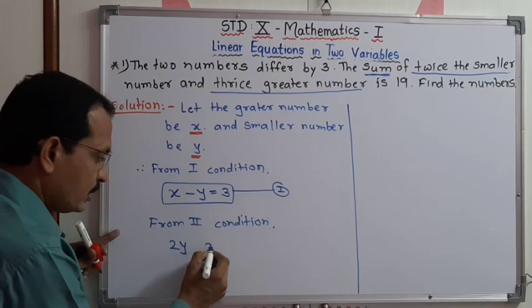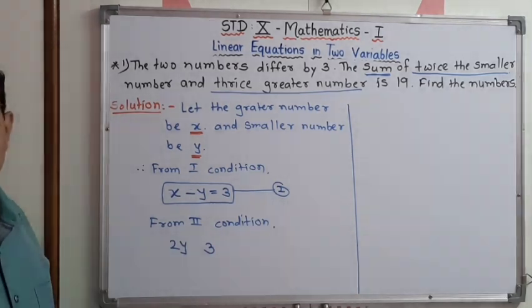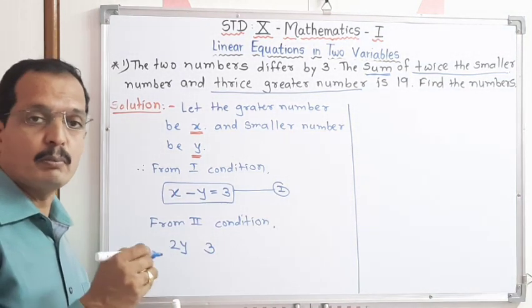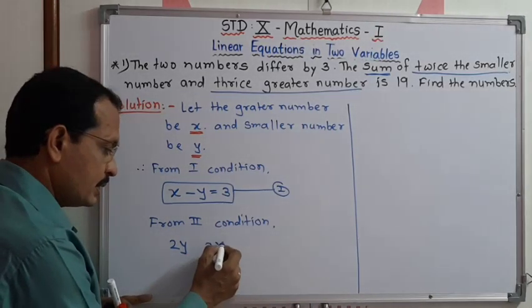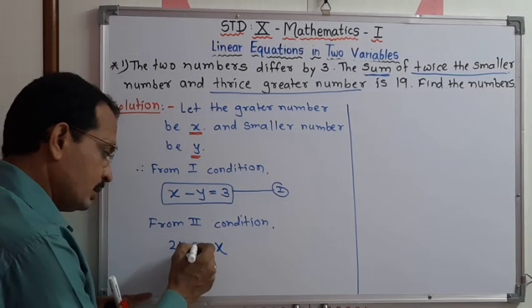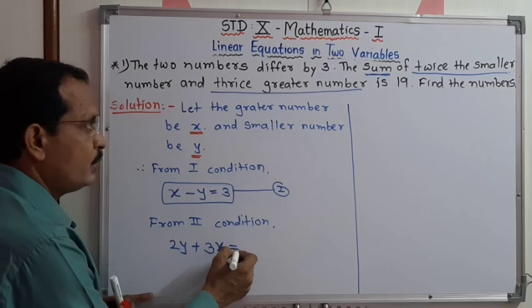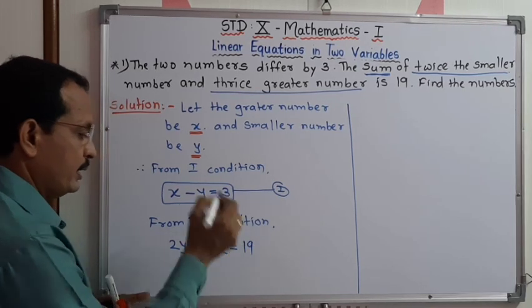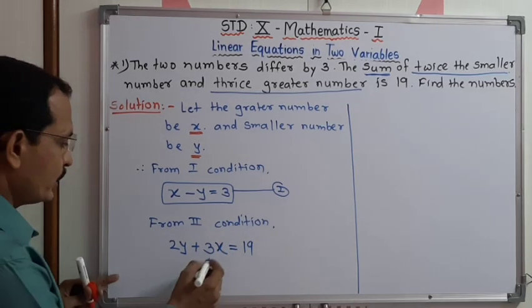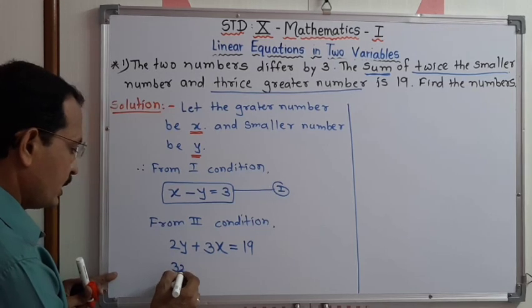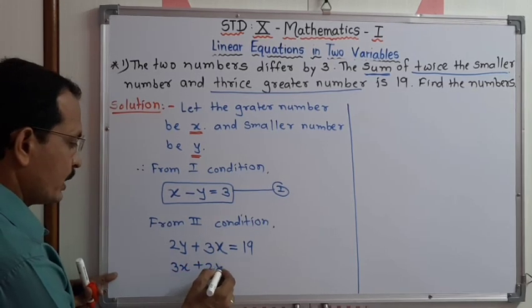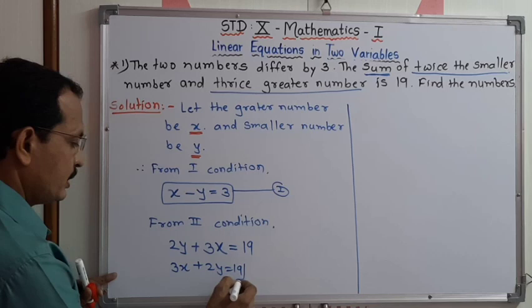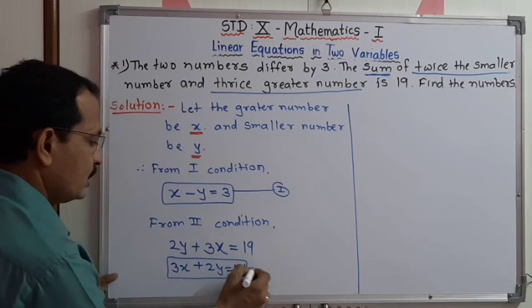We have to make the thrice, that means we have to multiply the greater number by 3. Therefore, it is 3x. If we make the addition, then it will be 19. Therefore, here we get the equation 3x plus 2y is equal to 19. This is equation number 2.